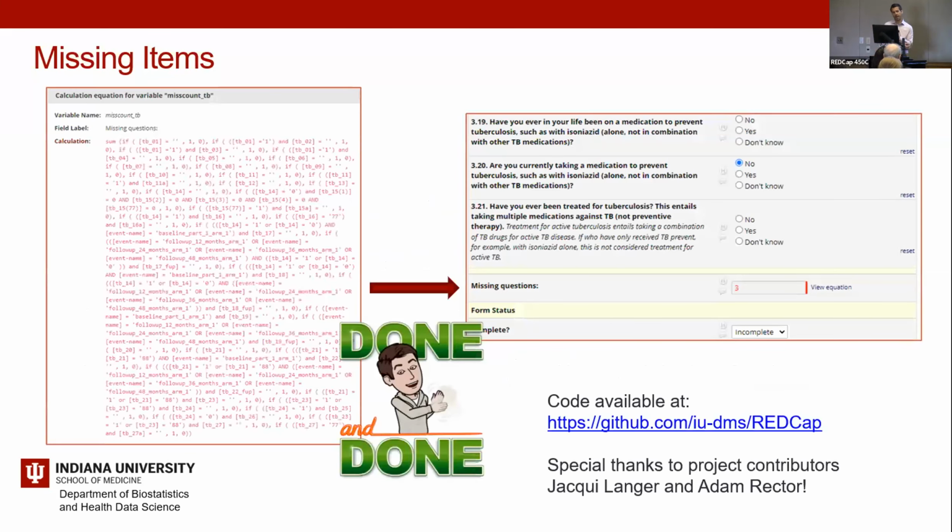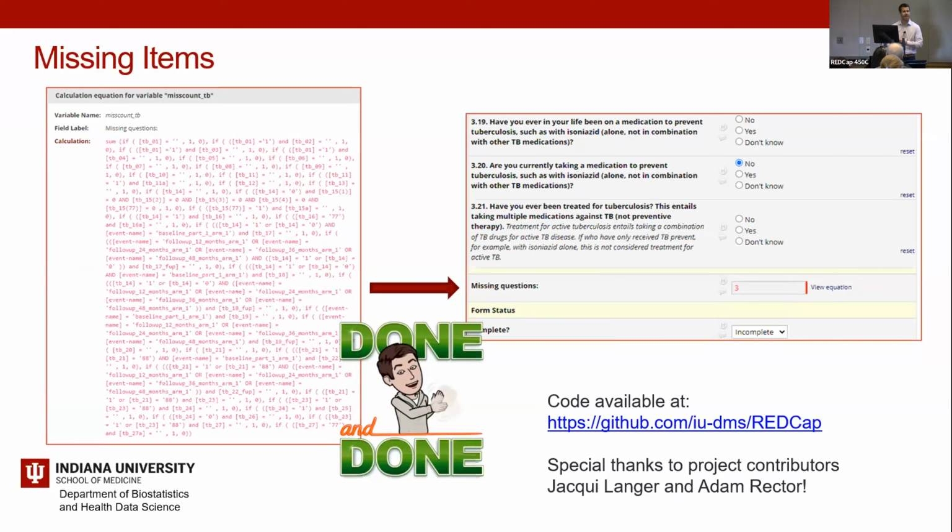On the right, you can see the end of a REDCap form, and we've uploaded this missing questions field. It's a calculated field, and it's just automatically going to be counting the number of appropriately missing questions in the form.